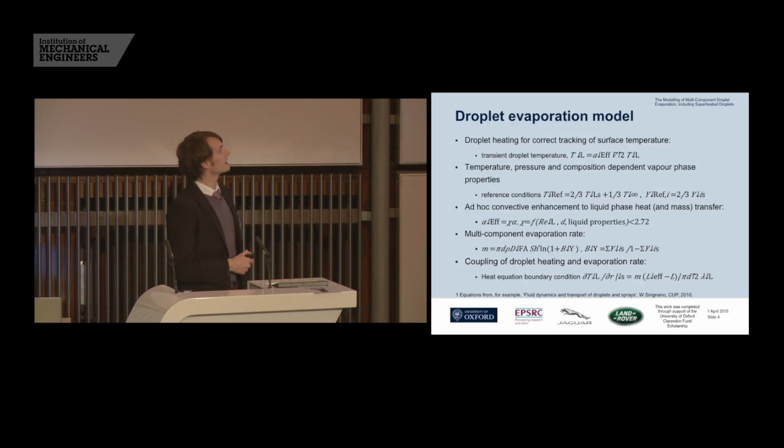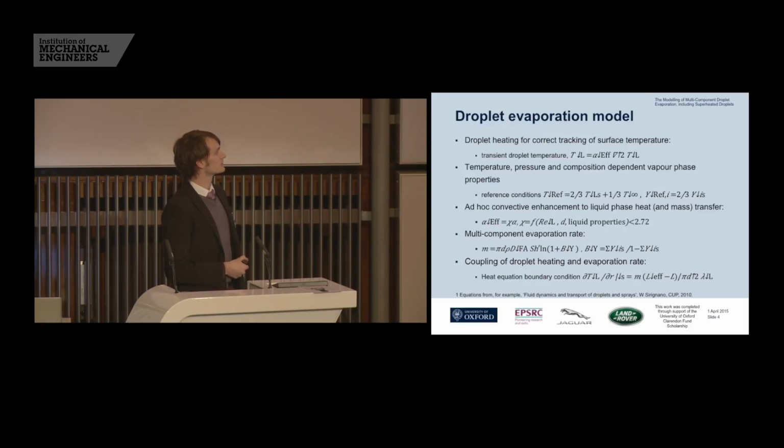We have fully temperature, pressure and composition dependent vapor phase properties based on some reference condition. The droplets tend to move very fast relative to the air that they're moving through, so we need to account for the fact that there's going to be internal motion inside the droplets due to shear on them from the air. That will enhance heat and mass transfer inside the droplets in the liquid phase.